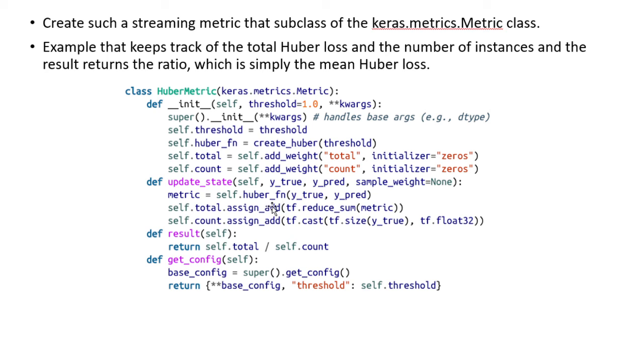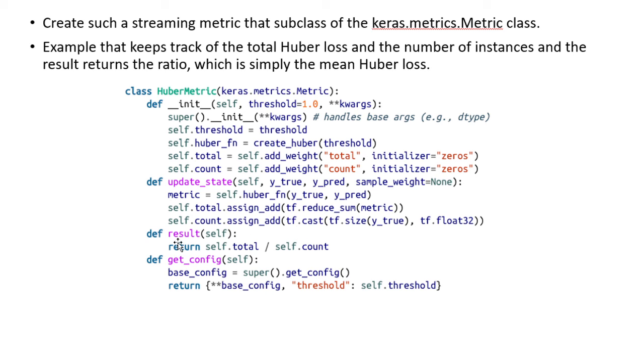That result is passed to the next line, total.assign_add, which sums up all the metrics returned by the Uber function, which is nothing but the total. And the next line is count, which basically returns the number of instances.